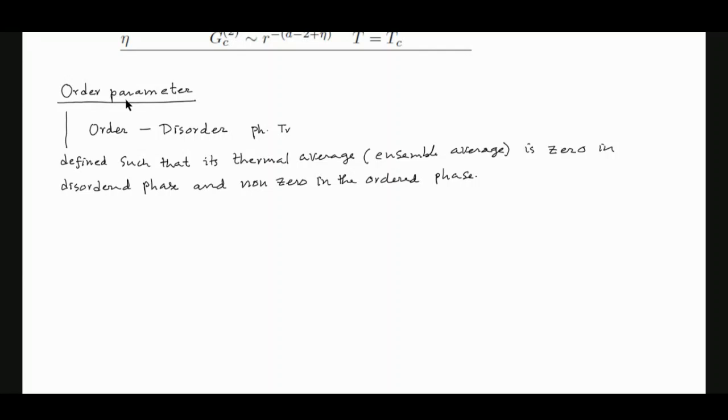For example, in a magnetic system, magnetization, which we call M, is the order parameter in the paramagnetic to ferromagnetic transition.